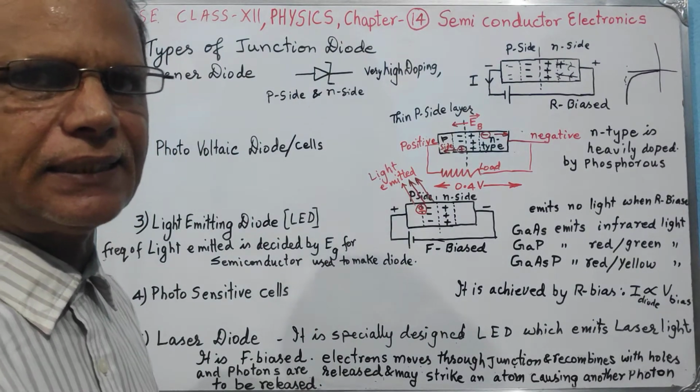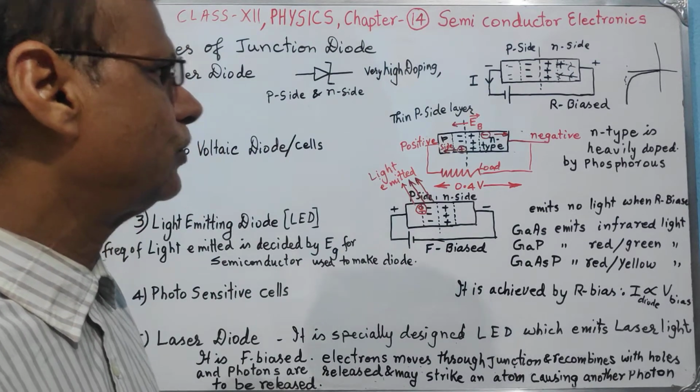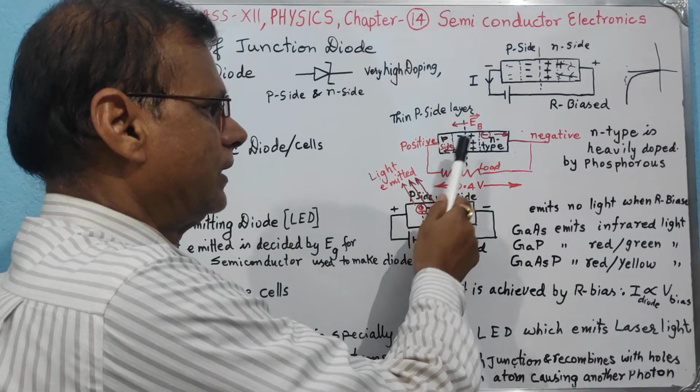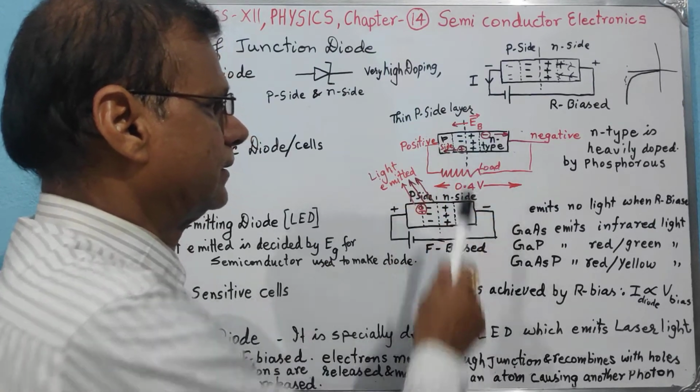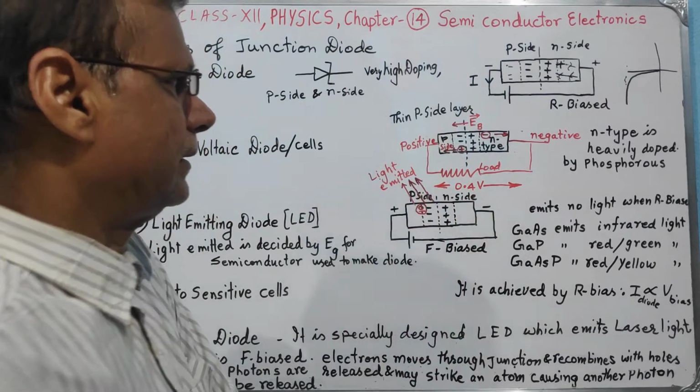It gets excited and goes to higher energy state, and therefore these electron and hole pair are pushed aside under the influence of barrier potential.